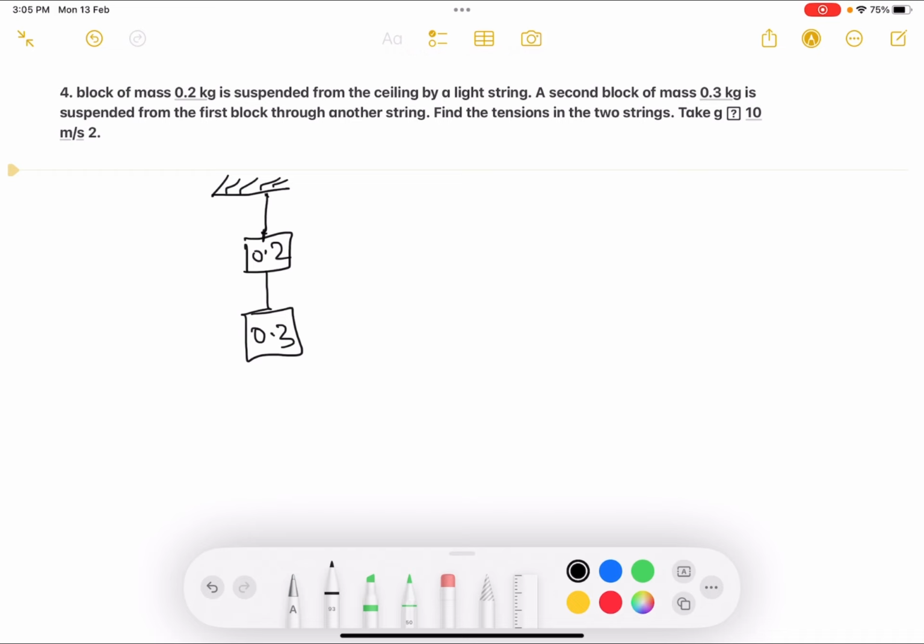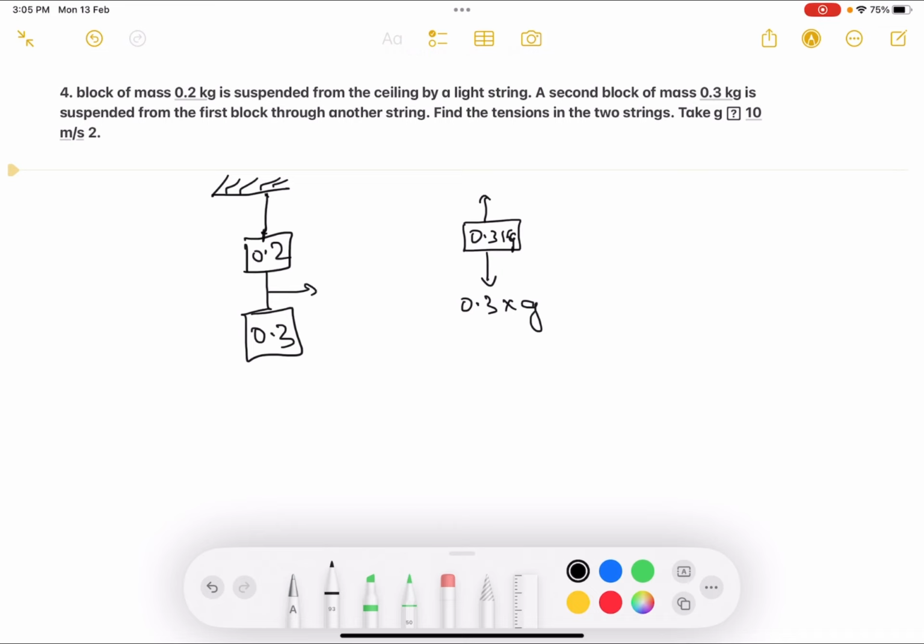In this case we have to draw these diagrams individually as well to understand better. For the 0.3 kg block, we draw the forces. The weight pulls it downwards, that is 0.3 into g, and we have a tension.